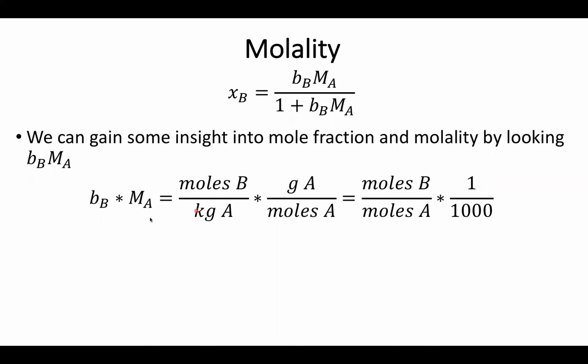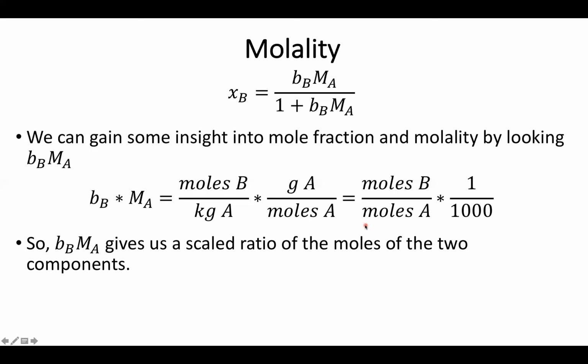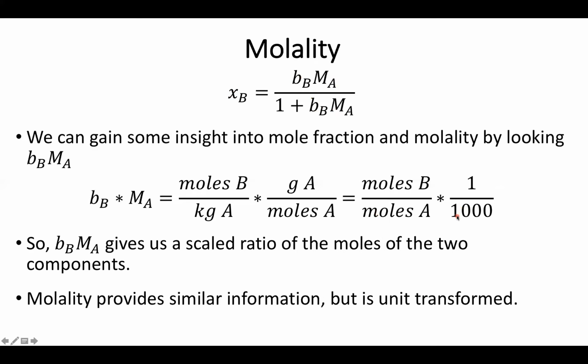What this really shows me is that this combined molality of solute times molecular weight of solvent gives me a ratio of the moles of the solute to the moles of the solvent. So when I'm looking at the mole fraction, I'm essentially looking at the ratio of the two species over 1 plus the ratio of the two species, with some funniness going on with the units and conversion factors that end up canceling out.